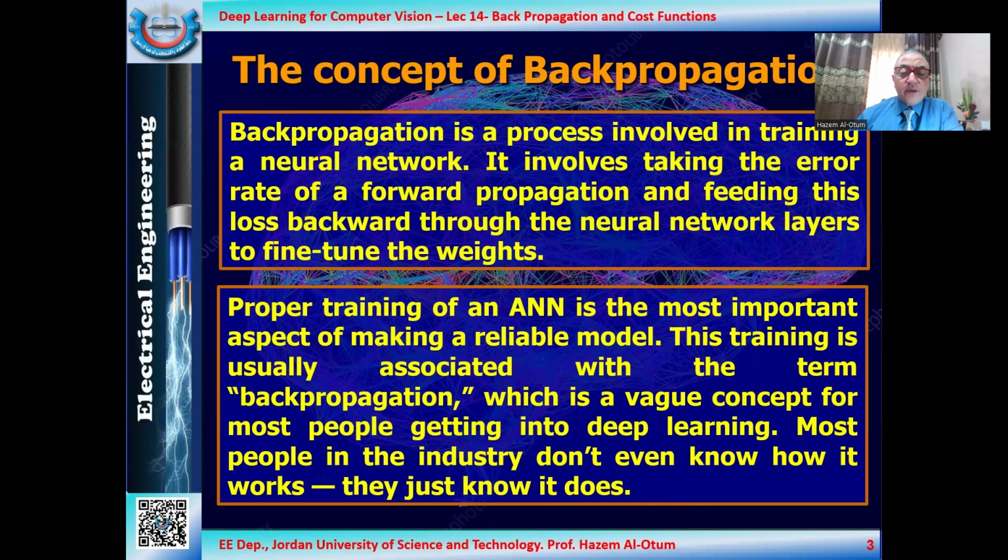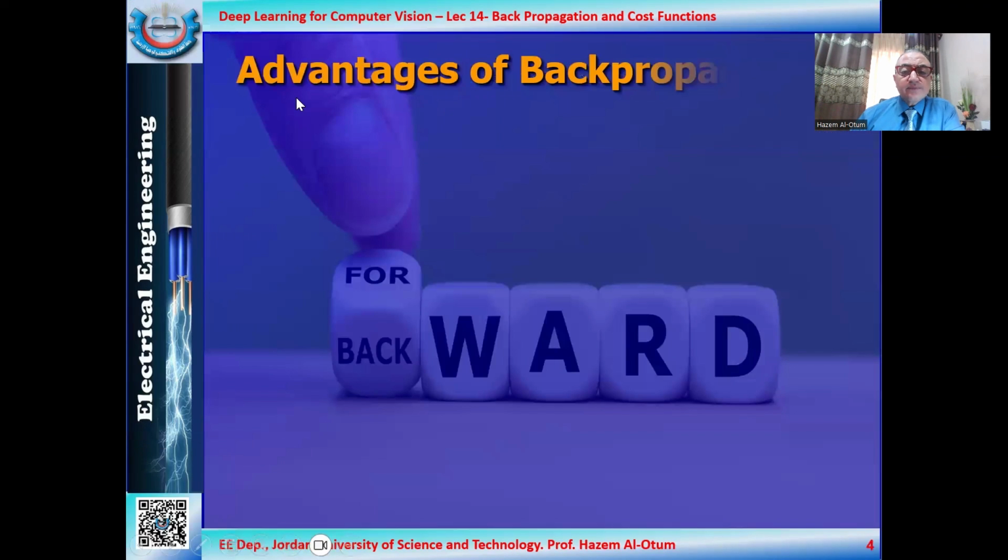When you do this training, it is always associated with the implementation of backpropagation in almost all neural network systems, and maybe deep learning also. Now, the idea of backpropagation is not very clear for many of us. However, today we'll try to uncover this topic as much as possible using simple explanations.